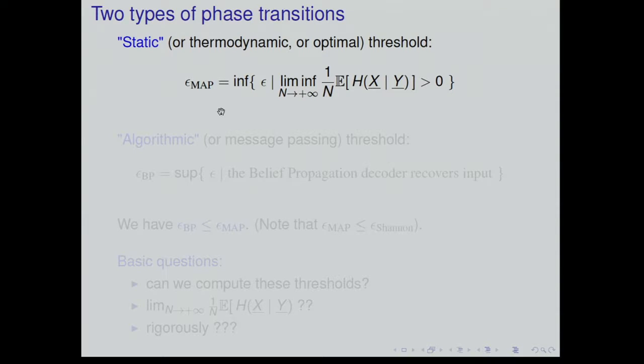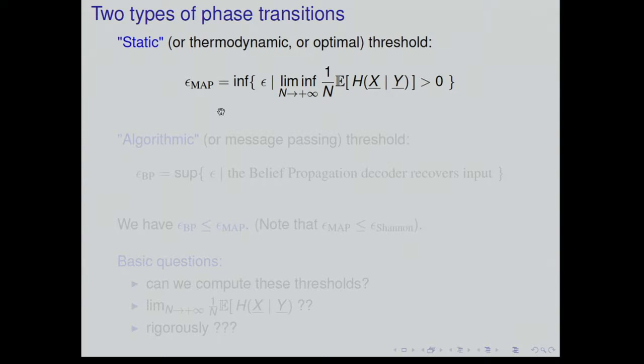It's defined as follows. Epsilon MAP is the smallest value of epsilon such that the average over the ensemble of LDPC codes, I forgot to say, so these codes are drawn at random from some ensemble with fixed degrees for variable nodes and check nodes.